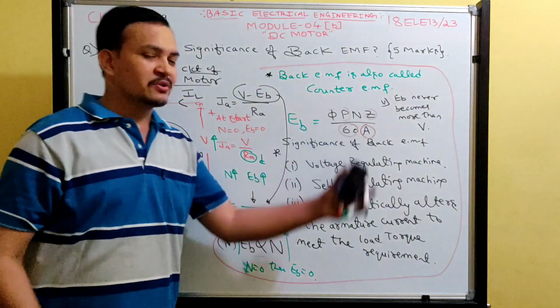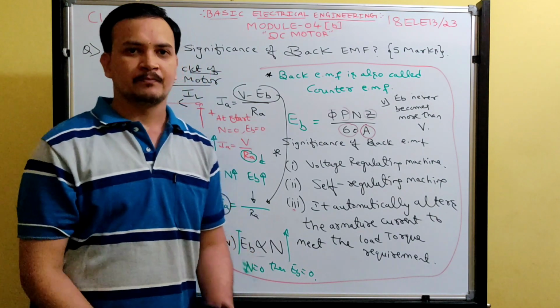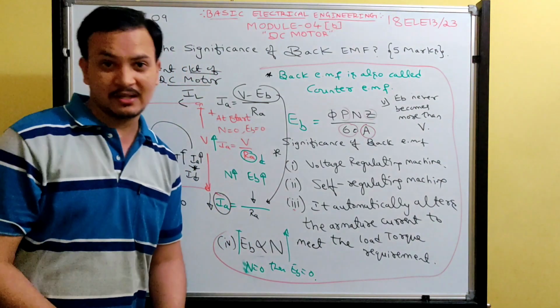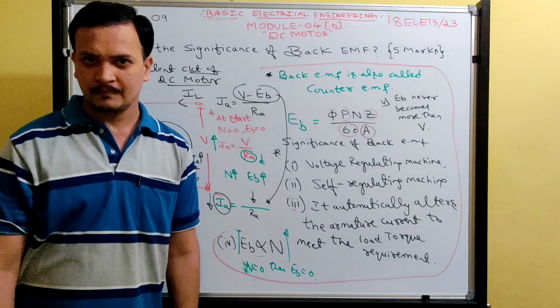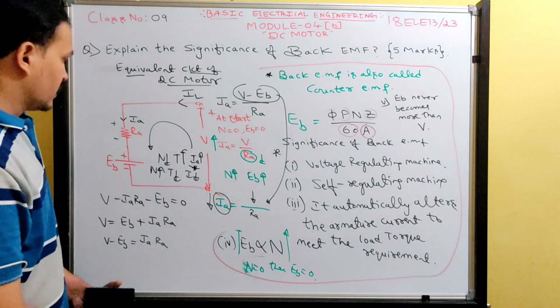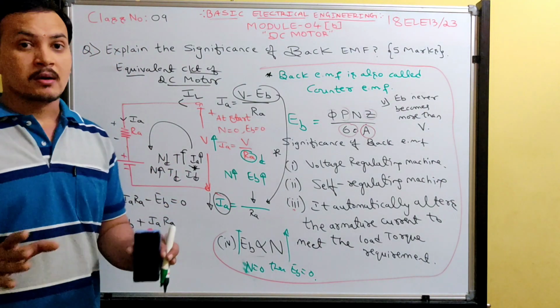If EB is lesser than supply voltage, then only it acts like a motor. If EB is more than supply voltage, then we become a generator. But in a DC motor, it won't happen.